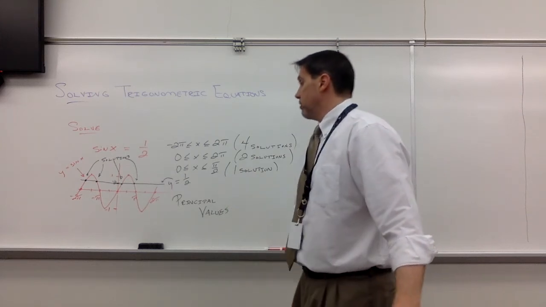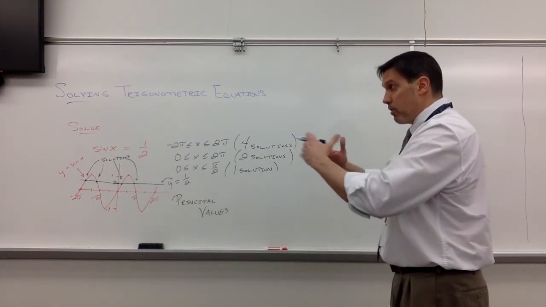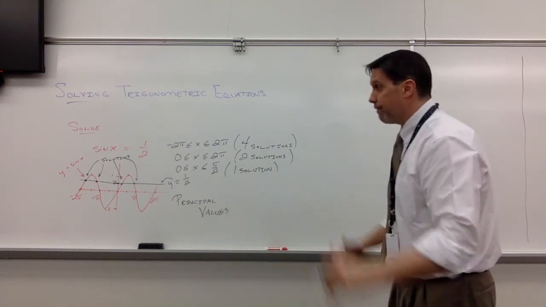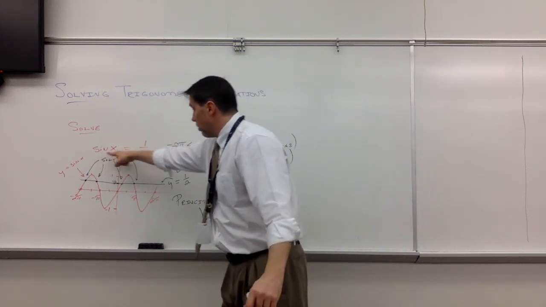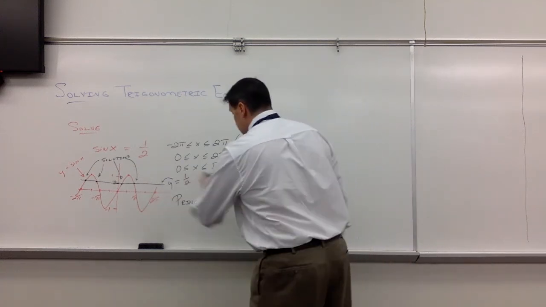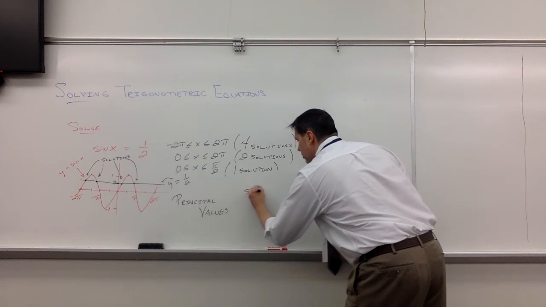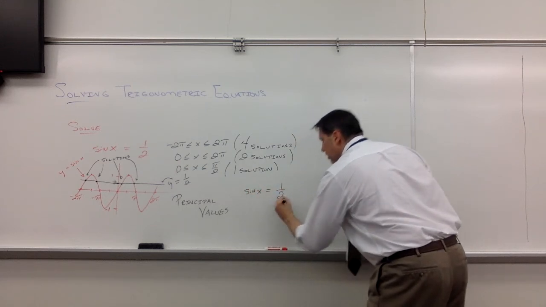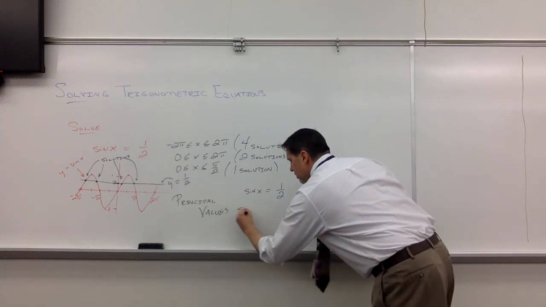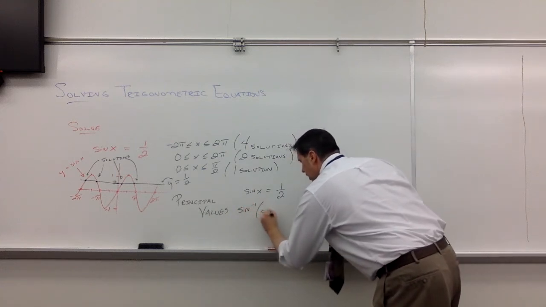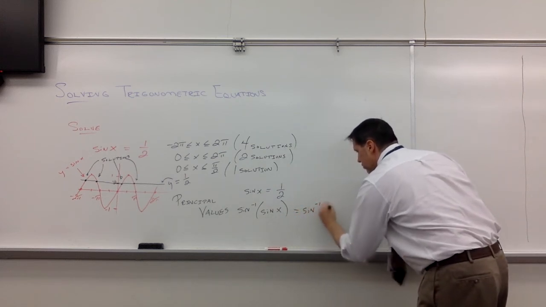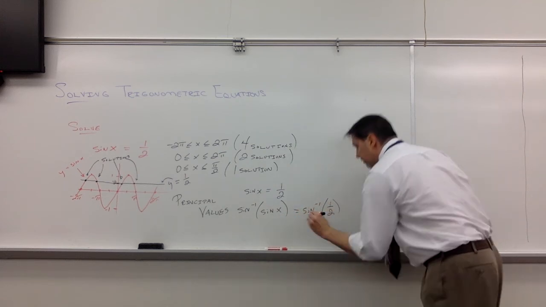Well, principal values, in this case, fall under the distinction of using the inverse function to solve this. So to solve this equation in the most specific sense, let's take sine of x equals 1/2. We have to inverse sine both sides. That is, sine inverse of the sine of x equals sine inverse of 1/2.